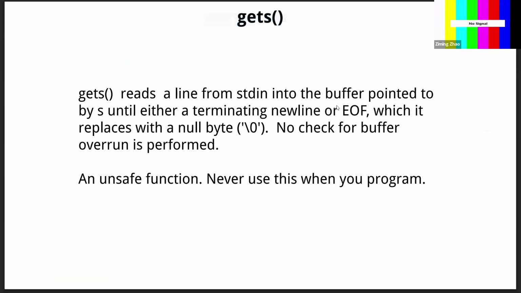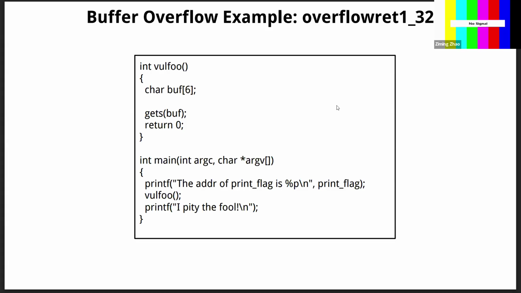So how do we exploit this? A little bit about gets. So gets will read a line from the standard input. For this program right now, the standard input is just the terminal. Then it takes one argument, which is the address of the buffer where you want to save the input.